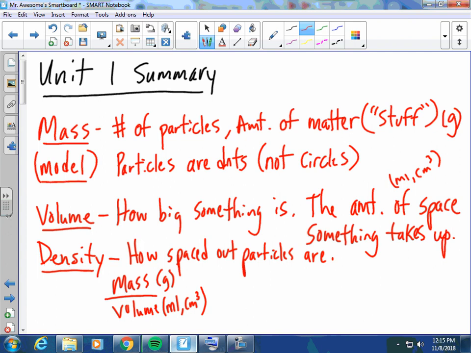Or how compact the particles are. So just by saying what we have here, just by reading those, does not necessarily tell me if you know what density is, because I could say, all right, what does that mean then?